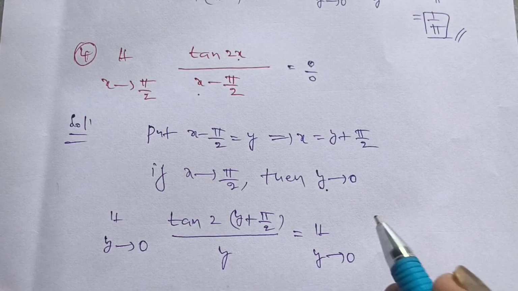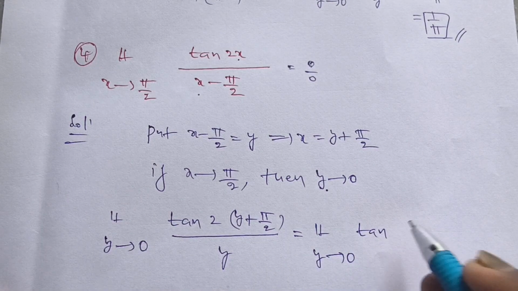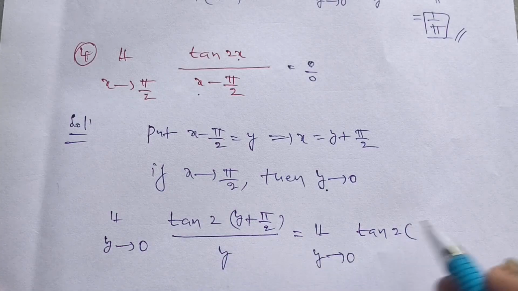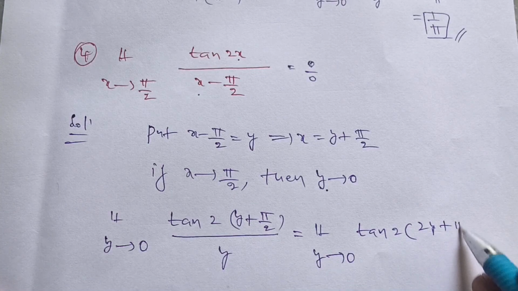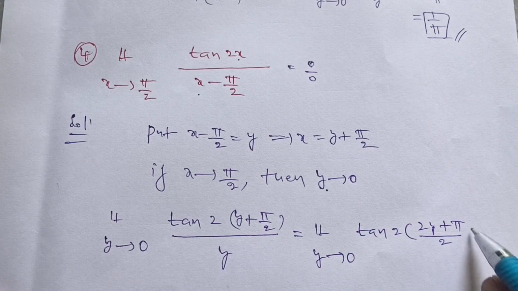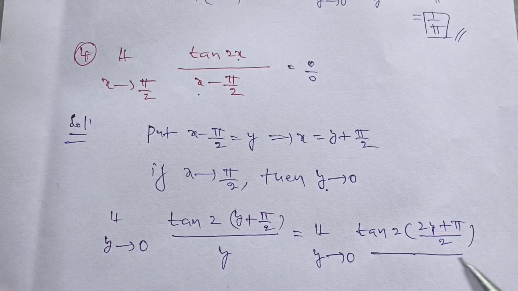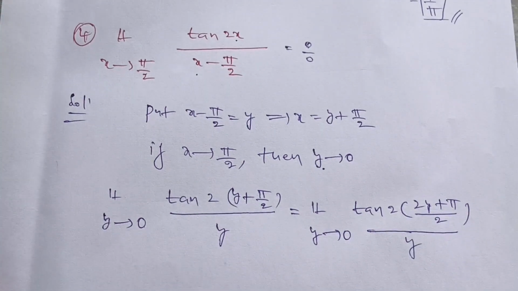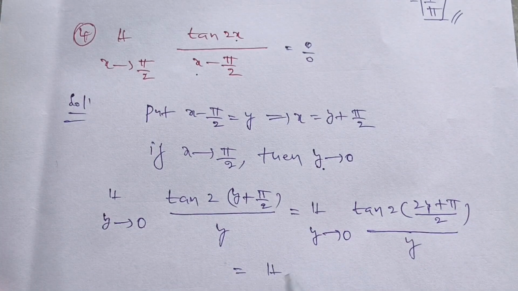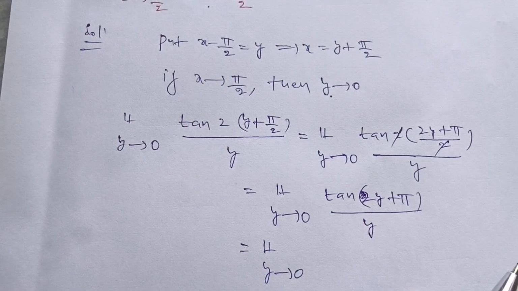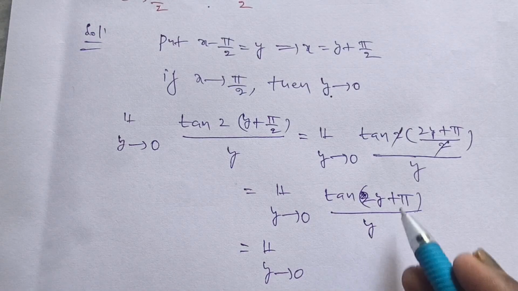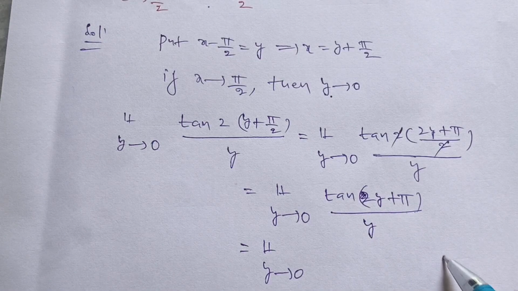So limit y approaches 0, tan 2 into, here take LCM, 2y plus pi by 2, by y. So now limit y approaches 0, tan, here the 2 cancels, the remaining part is 2y plus pi by y.